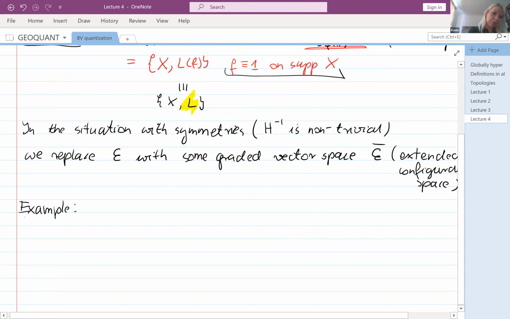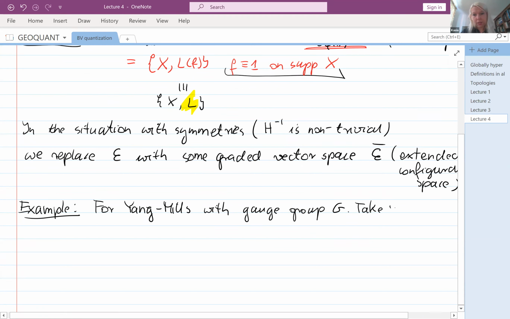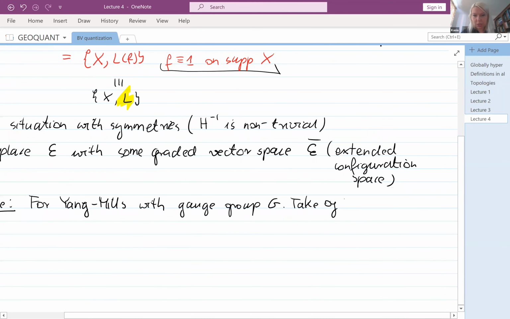For example, for Yang-Mills theories, so gauge theories with some gauge group G, I can now take its Lie algebra, fraktur g, the Lie algebra of that group, and define this extended configuration space as E in degree 0.